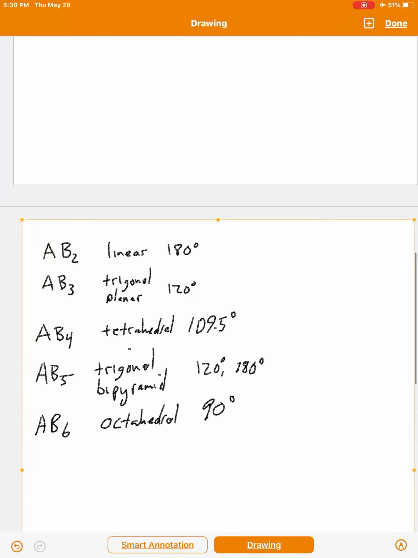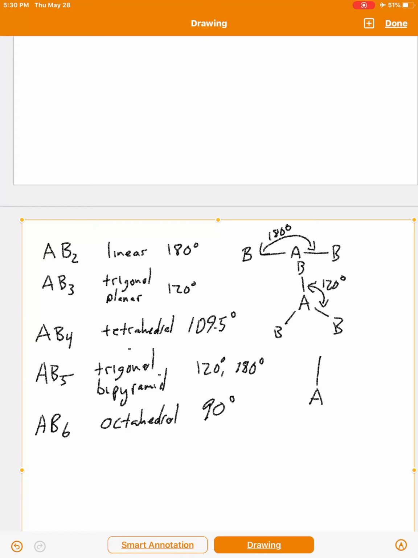So let me show you just real quick what these structures look like. A is at the center, and then B's are away from 180 degrees, just like that. That's 180. Trigonal planar, like this, 120. Tetrahedral, a little harder to draw.